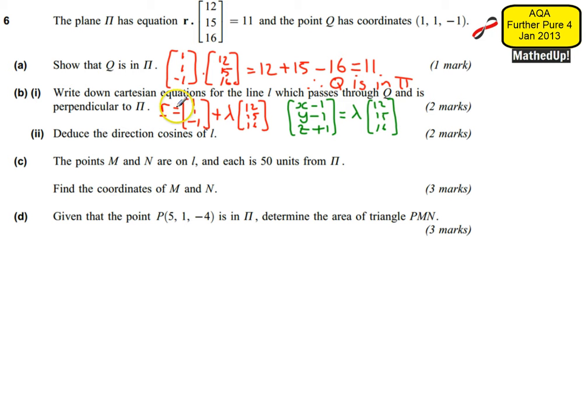So I've just put in x, y, z here and subtracted this from both sides, and that's what's given us this. So what they're saying is that these are parallel to each other.